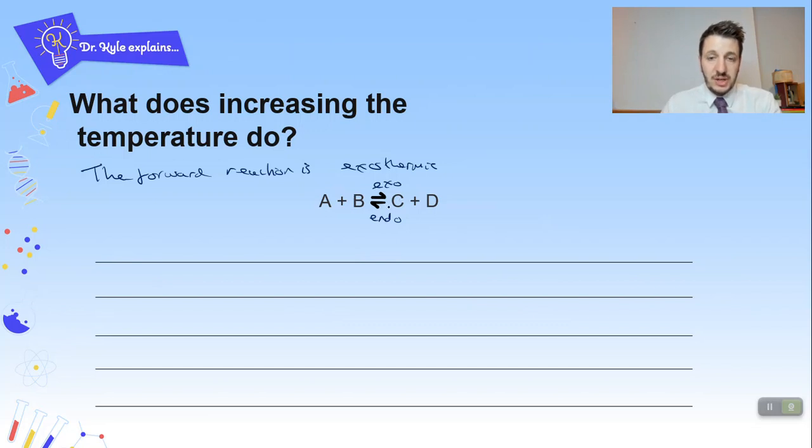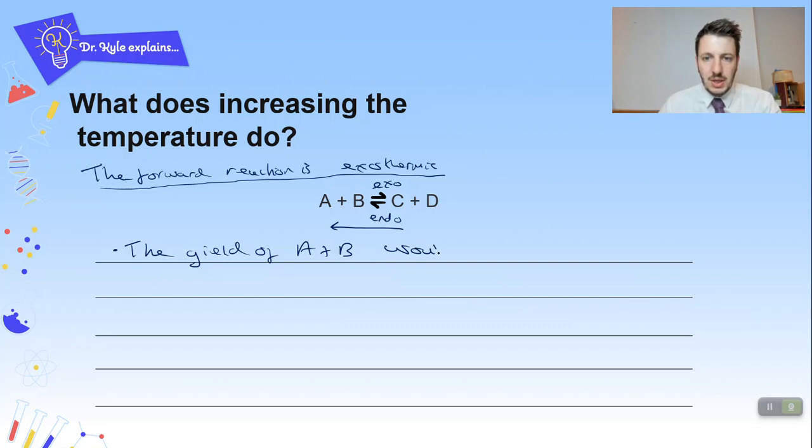Because it's a reversible reaction, if it's exo in one, it must be endo in the other. So what's going to happen? If we increase the temperature, it's going to favour the endothermic side. And so the yield of A and B, or the amount, would increase.